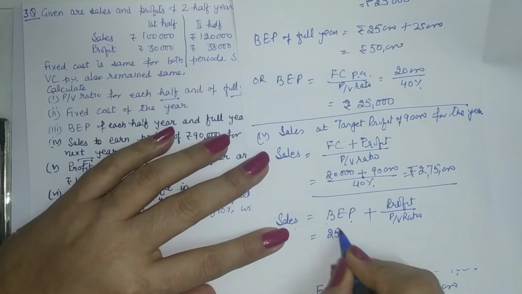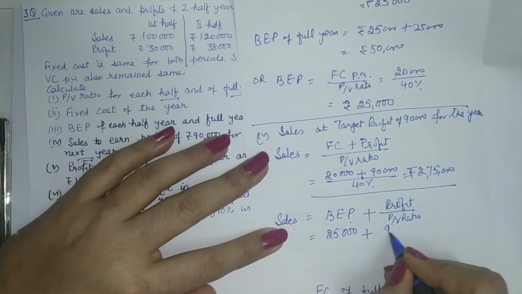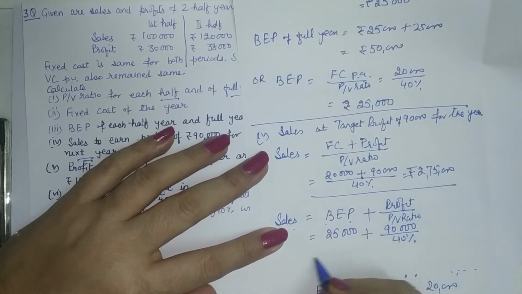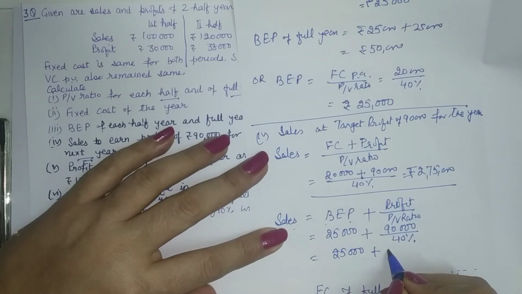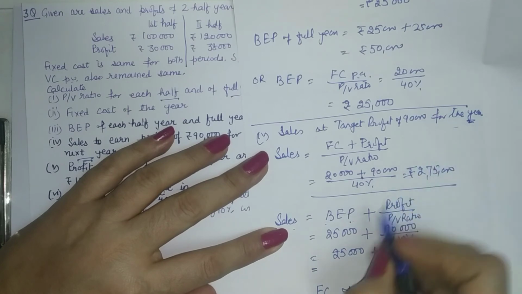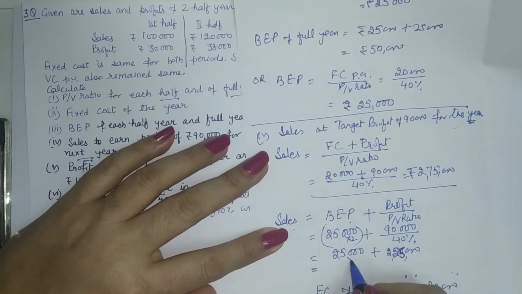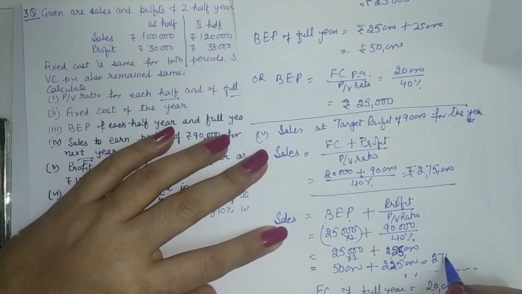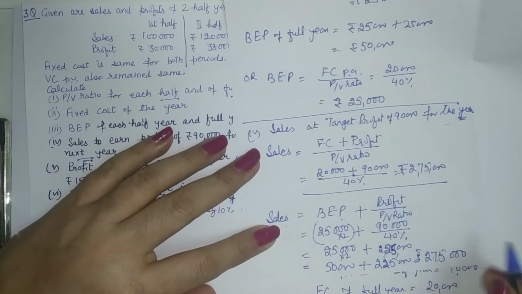Now if you want to make a profit of 90,000, then at 40% PV ratio, you need to get 2,25,000. And break-even point is, since we are working for the whole year, 50,000 rupees, 50,000 rupees plus 2,25,000. So that again gives you 2,75,000 rupees of sales.